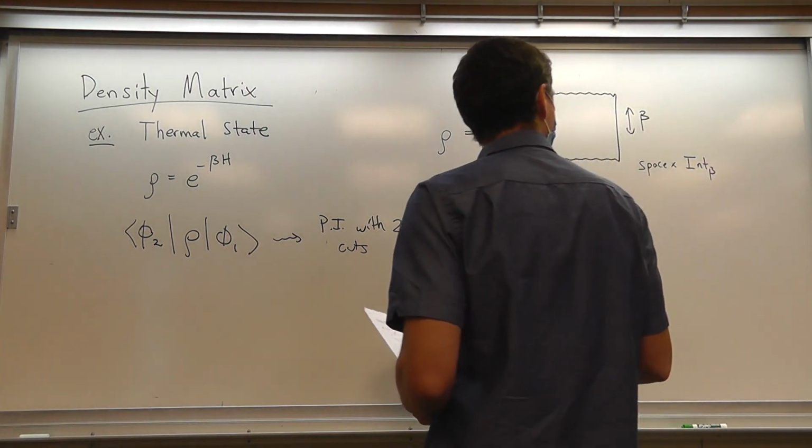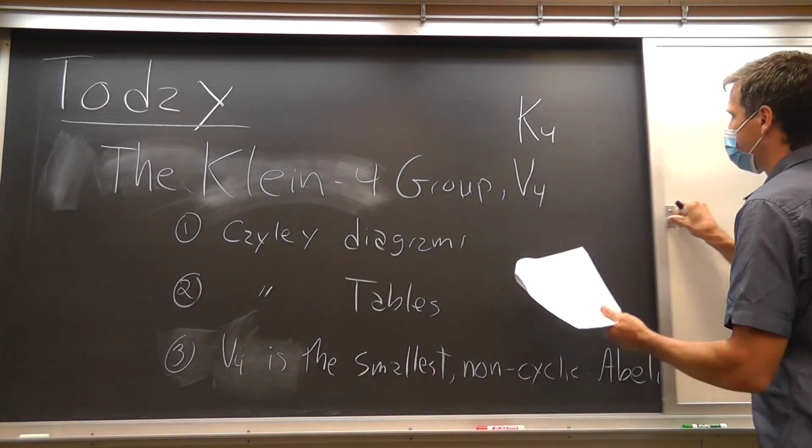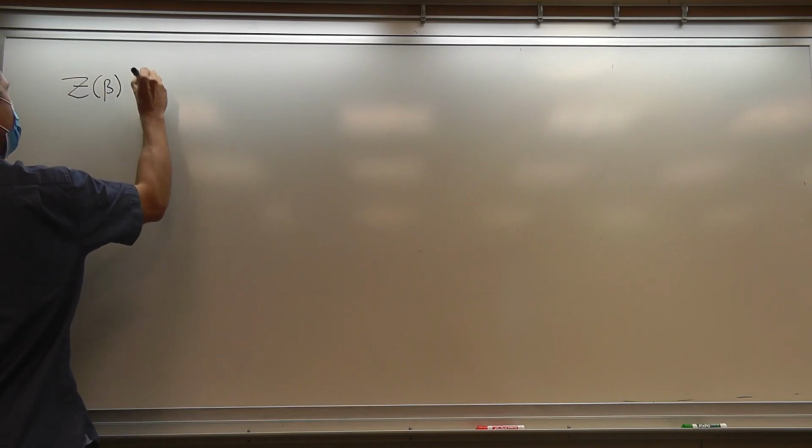From here, we can now calculate the thermal partition function. Z of beta is the trace of rho. Remember the density matrices, well, when you do a path integral, the state or density matrix in this case that you make is not normalized. Okay, so the trace of a normalized density matrix would just be 1, but I really mean the trace of this rho, which is e to the minus beta H. So that's the sum in the field basis.